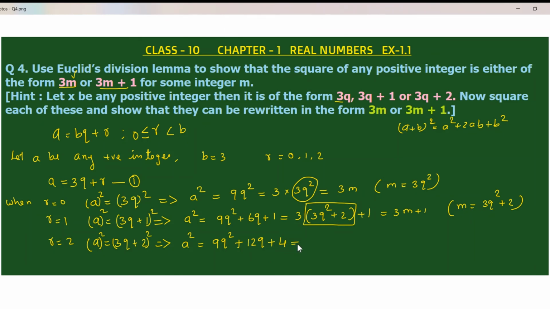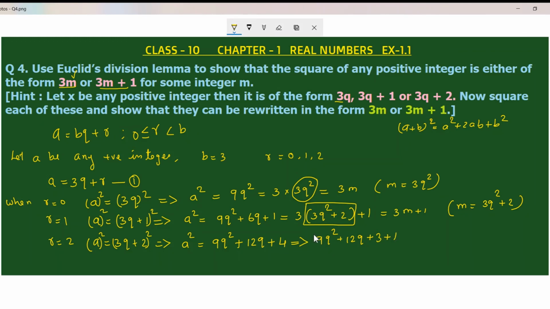Now we have to write it in the form of 3m plus 1. So I am going to split this 4 as 3 plus 1. Then only I can take 3 outside. So 9q square plus 12q plus 3 plus 1. I have just written this 4 as 3 plus 1.